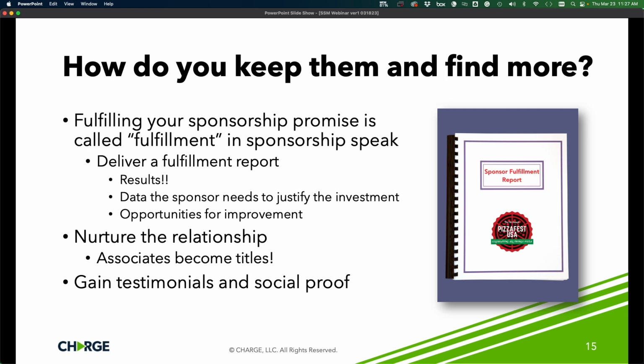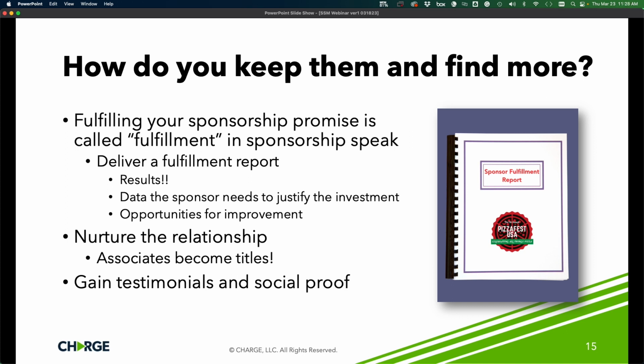Remember that at your sponsor, there is a person who has a boss, and he or she will need to justify why having a sponsorship with you was a good investment. You need to provide that person within your sponsor's organization with the data to justify the investment to his or her boss. And then every sponsorship is a long-term relationship. And in long-term relationships, there are always opportunities for improvement and to strengthen the relationship. Your fulfillment report should have all those opportunities for improvement.